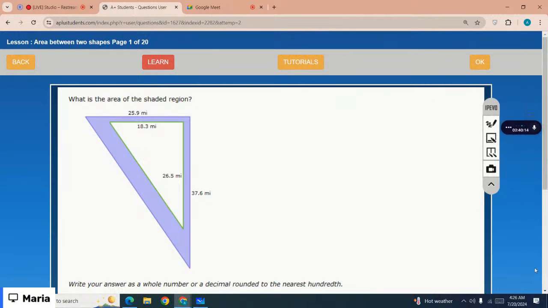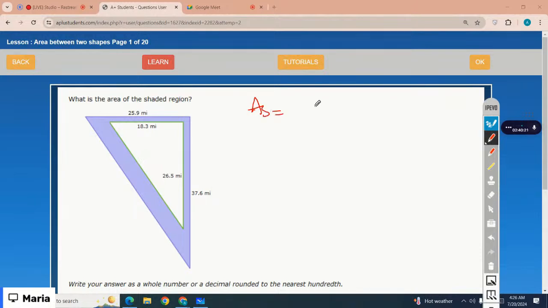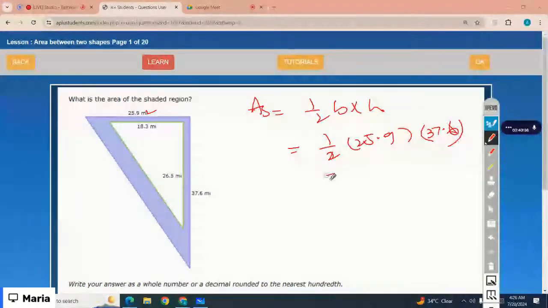You have to use a formula, that is area equals half times base times height. I'm going to calculate the area of the triangle. The base is 25.9, height is 37.6, right?